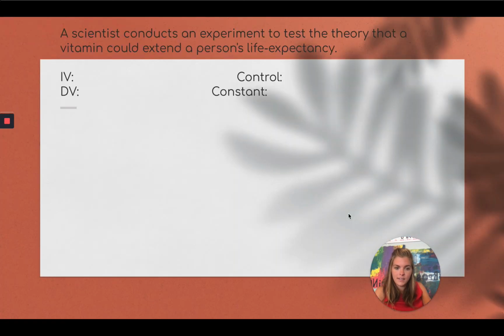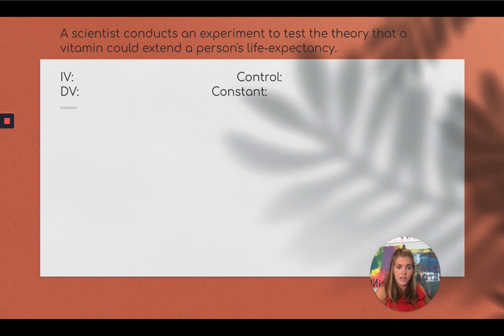So a scientist conducts an experiment to test the theory that a vitamin could extend a person's life expectancy. What would be your independent variable, your dependent, your control, and your constant? I want you to go ahead and pause the video real quick while you identify what those are.